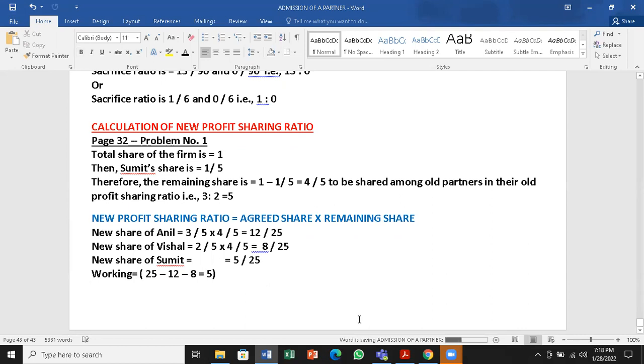So in this way, if you find the new ratio, new profit sharing ratio will be 12:8:5. So there is no common number among these three. So we have to leave it like this only. New profit sharing ratio will be 12:8:5. So this is the answer for this question.